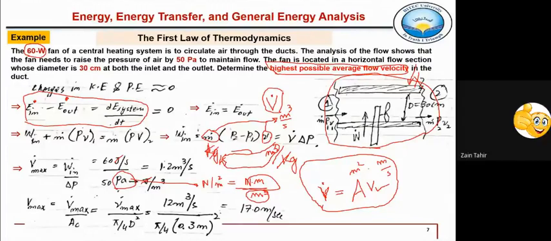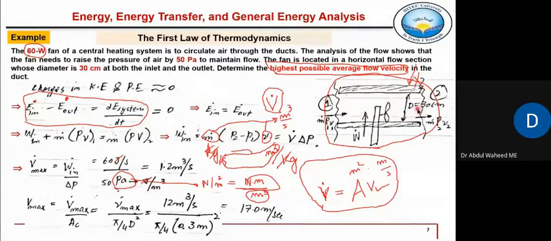Sir, how is the area calculated, I could not understand this. Look at the area here, in this problem, here the fan is located in a horizontal flow section whose diameter is 30 centimeter. That is given. This diameter is the diameter of the flow section, so it means that this is a circular duct.